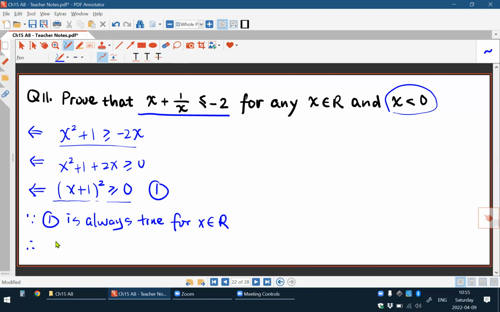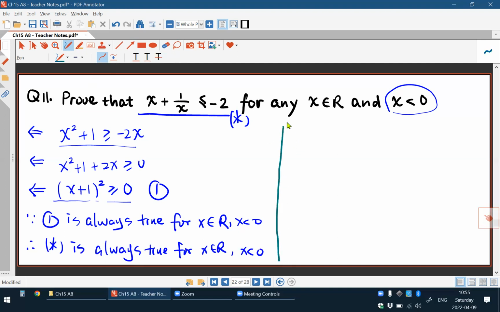Therefore, let's say asterisk is always true for x belongs to real number and x is less than 0, right? Okay, and also you can write it in a forward way. So according to our analysis, as long as this one is always true, right?